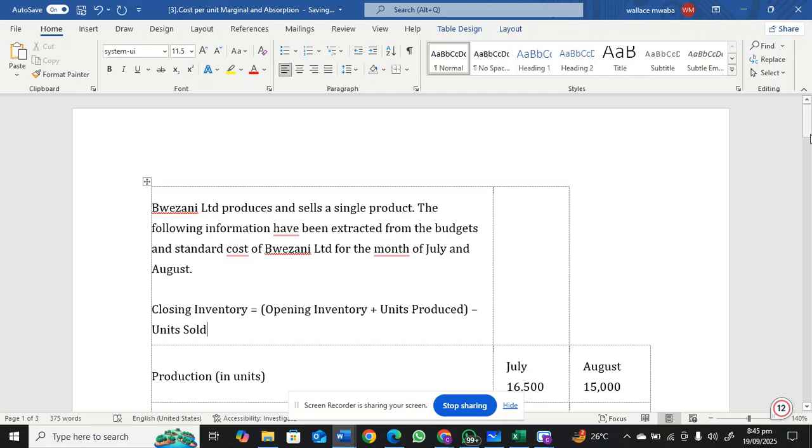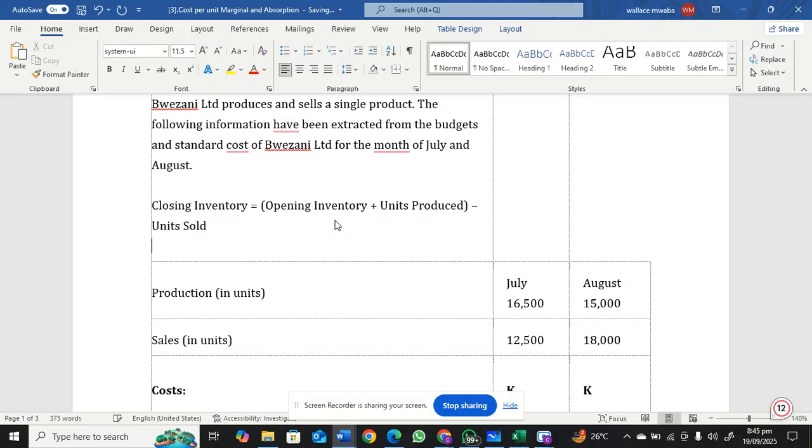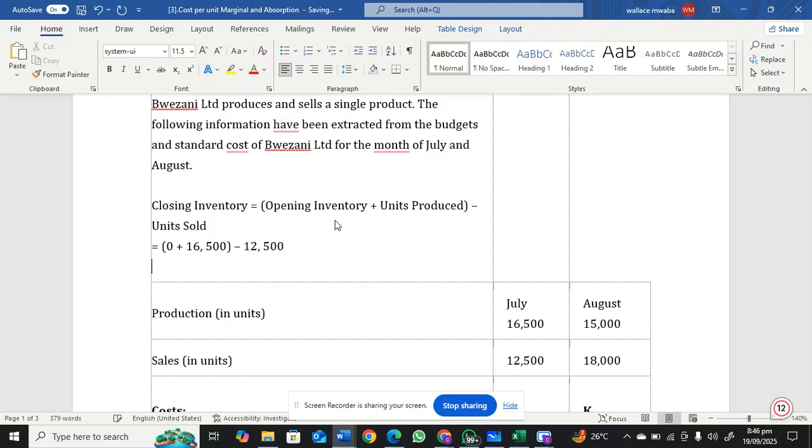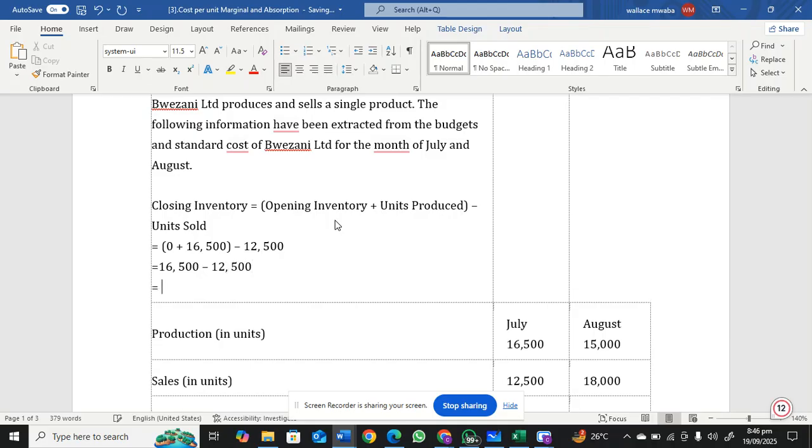So for July, let's see what our closing inventory is. There is no opening inventory, so that is 0. Units produced 16,500 minus units sold 12,500. So we're going to say 16,500 minus 12,500. That gives us 4,000 units. Okay, so that is our closing inventory, 4,000 units.